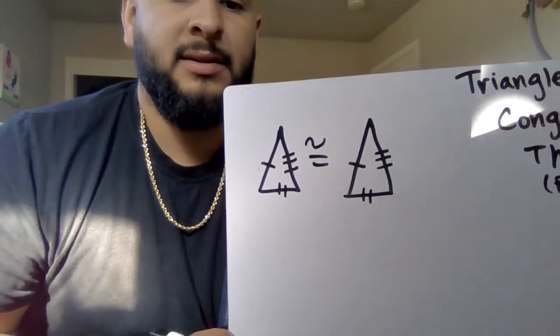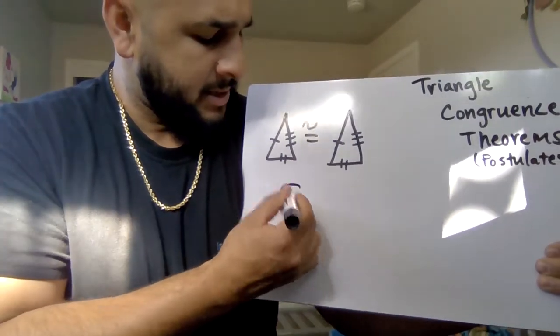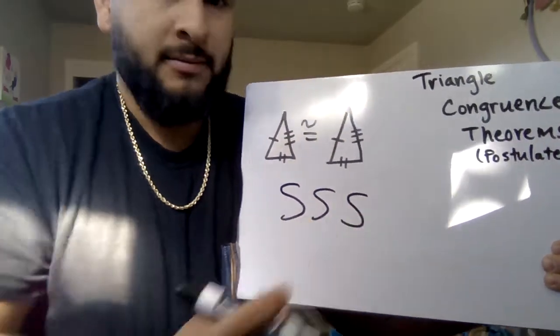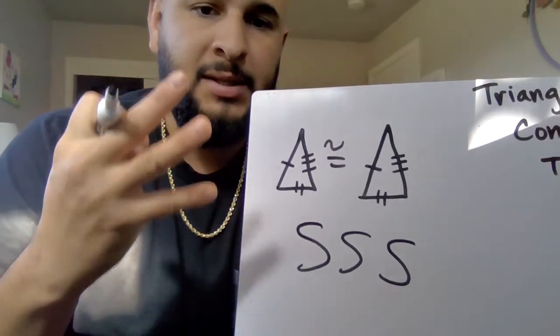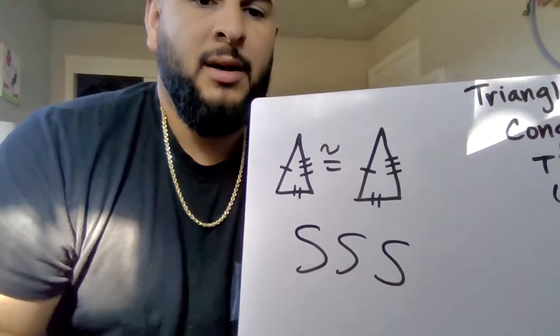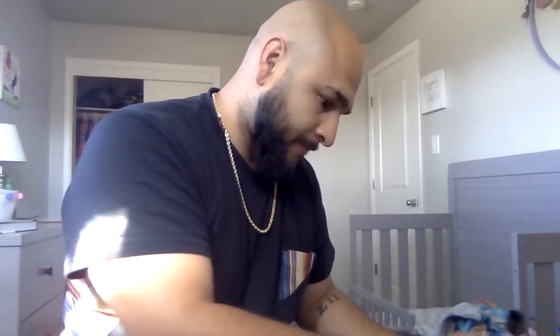And the theorem that states that would be side, side, side. So as you can see, as long as you have three pieces of information, you can use the theorems. We've gone over side, angle, side. We've done side, side, side. Let's go with another one.